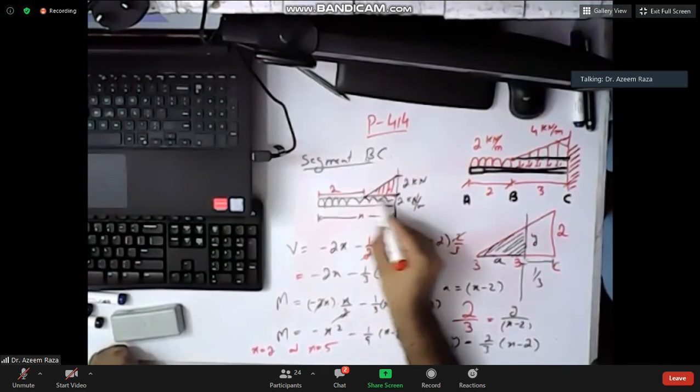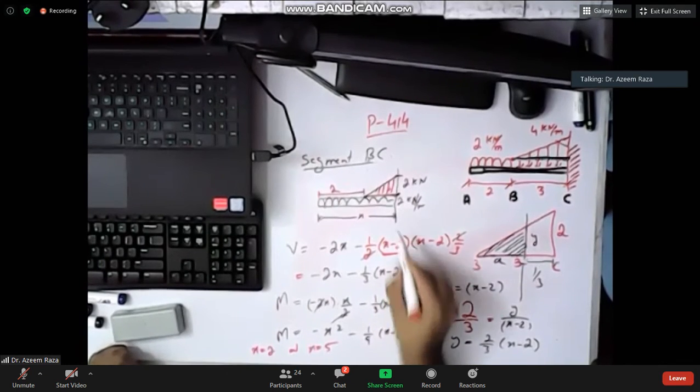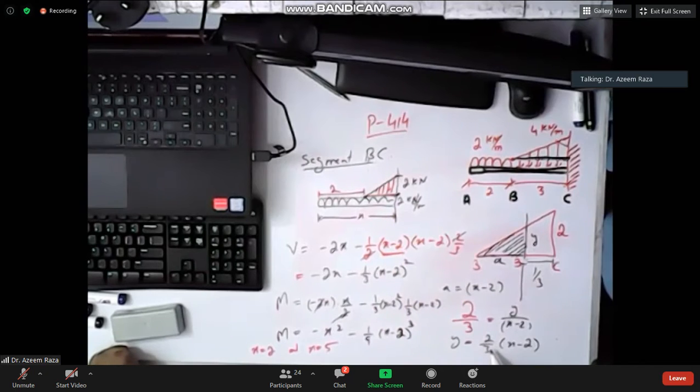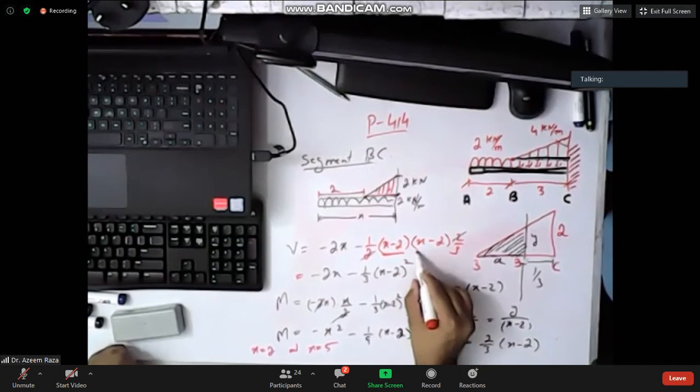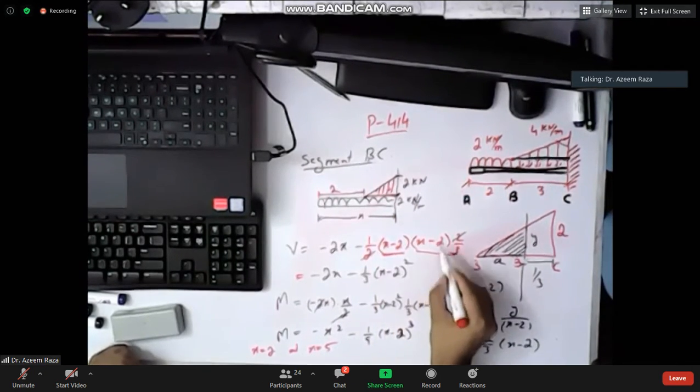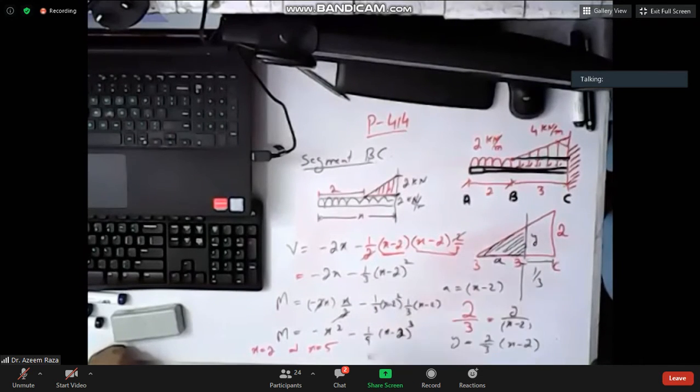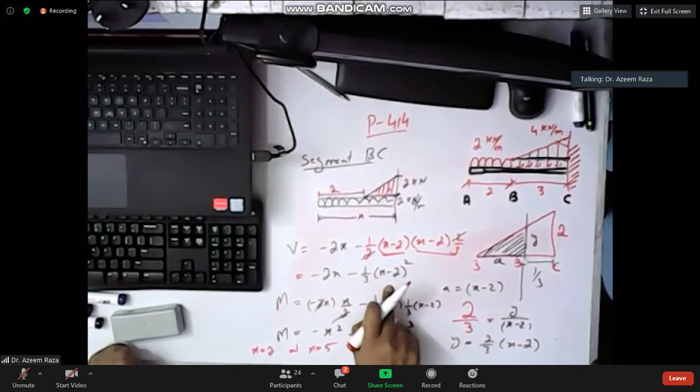The base of this triangle is x minus 2. The height of this triangle, we just computed, 2/3 (x minus 2). So 1/2 base times height is the force because of any triangular load that is varying uniformly. So we computed this relationship.